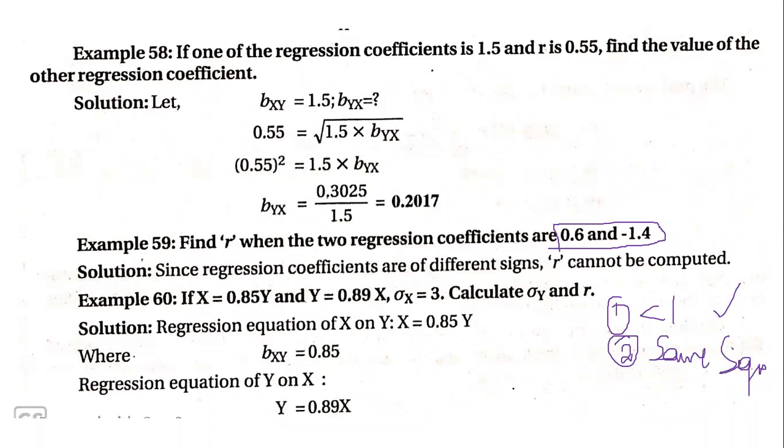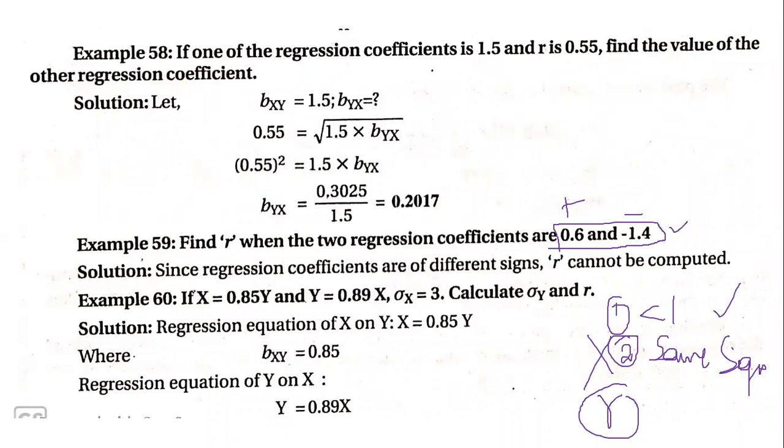Do they have the same sign? Both of them? One is plus and the other is minus. Do they have the same sign? No, they don't have the same sign. Which means the second condition is not satisfied. So we cannot compute the correlation coefficient. Understood?